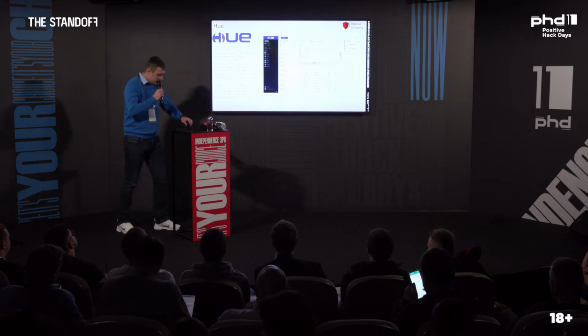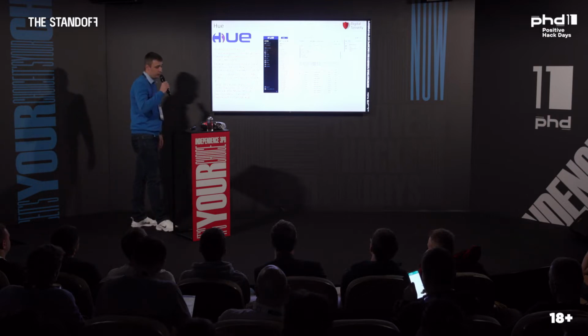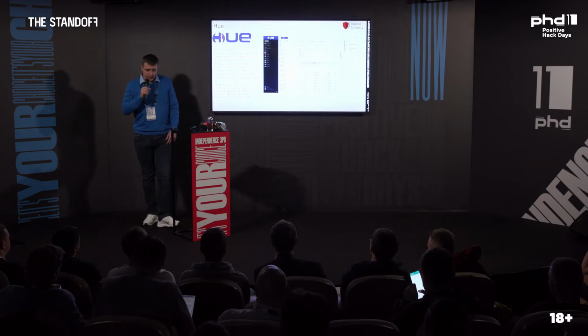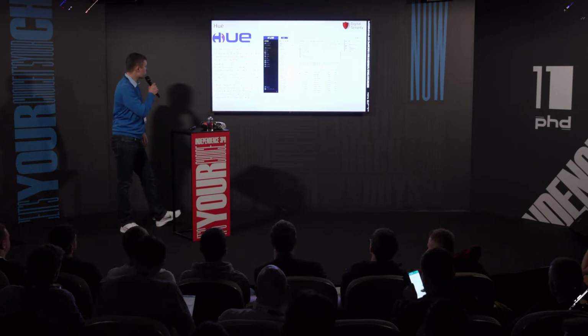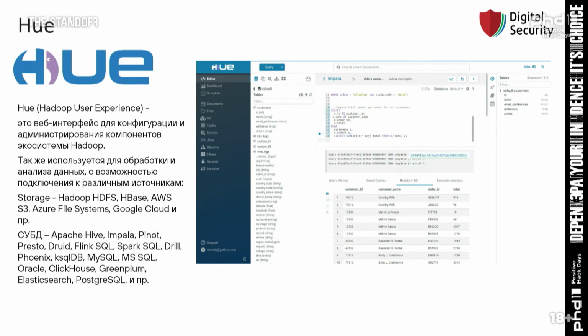We follow with Hue, Hadoop user experience, which is a web interface to administer Hadoop ecosystem elements, just like Ambari, with just one addition. In this interface, we can use connection to different sources to analyze data.